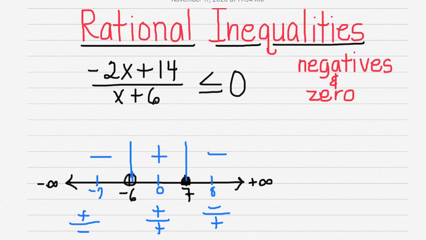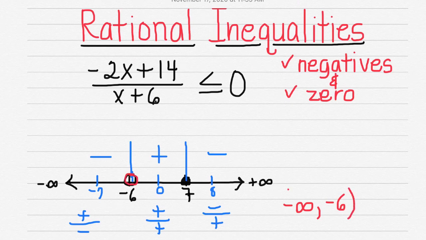So again, I'm determining my domain, and I want to find where it's negative and where it's 0. I'm going to start from my left, and I want negative infinity to negative 6, but I don't want to include it because I have my open circle there, so I know I can't include that.